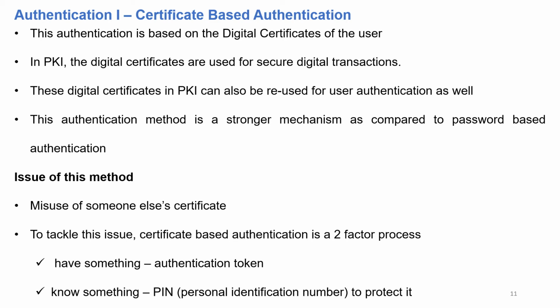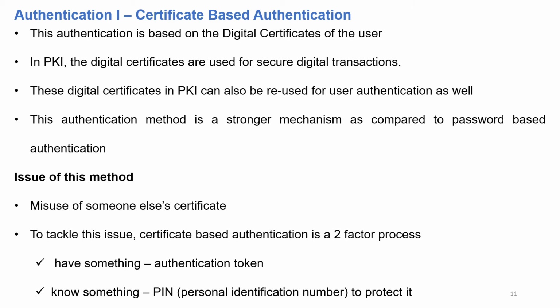But what are the issues of certificate-based authentication? The main issue may be the misuse of someone else's certificate. To tackle this issue, certificate-based authentication is a two-factor process, as in there are 2 types of authentication. The first factor is to have something.